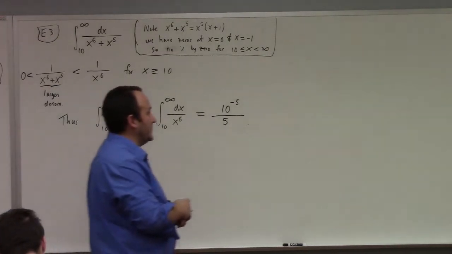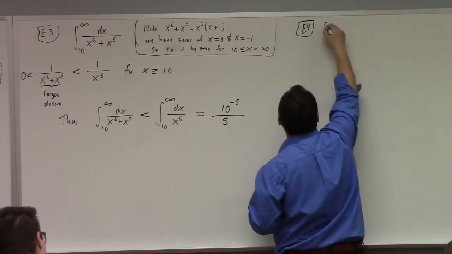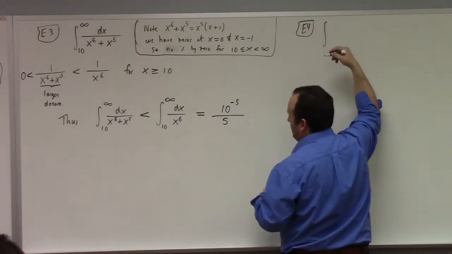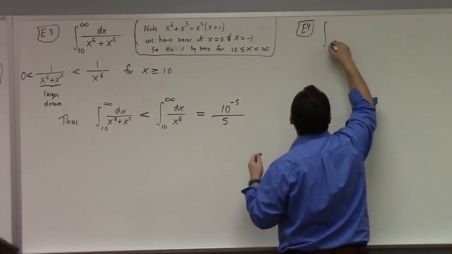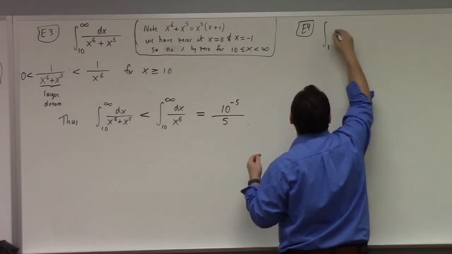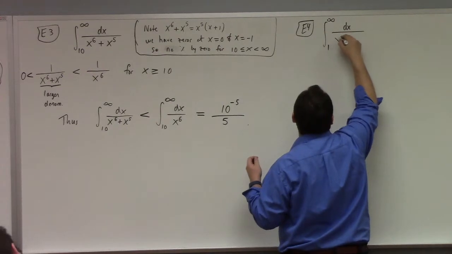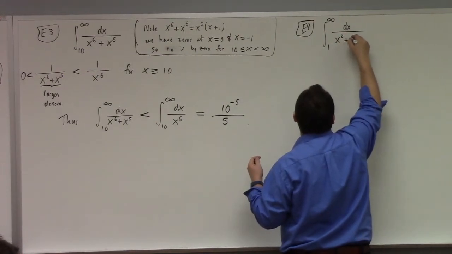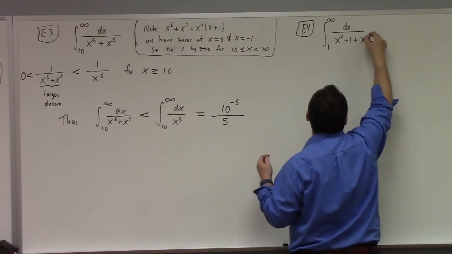Let's see here, another example. So this one will not be based on the p integral. I'll base this on something else. So take the integral from 1 to infinity of dx over x squared plus 1 plus x cubed.